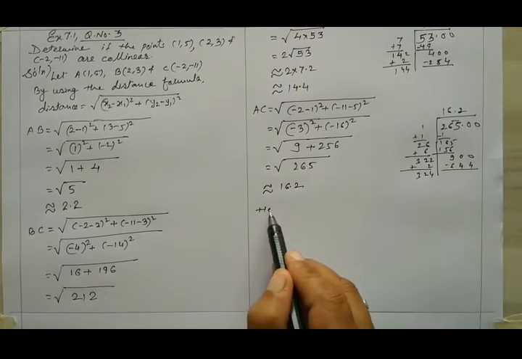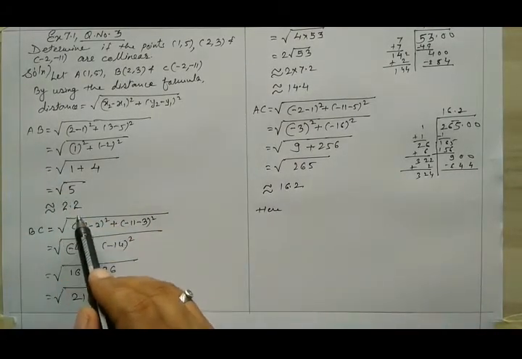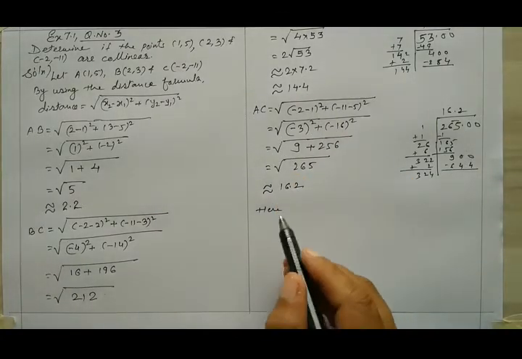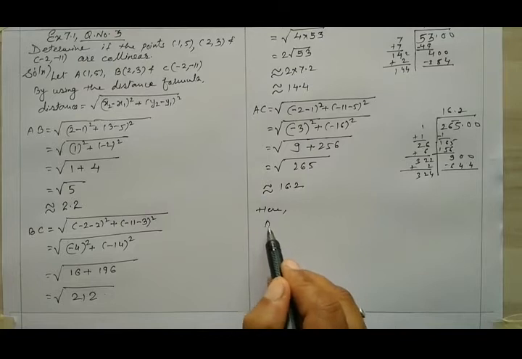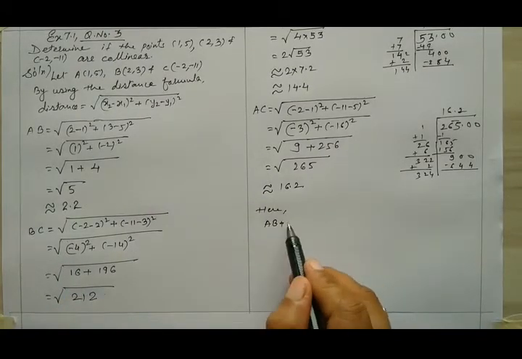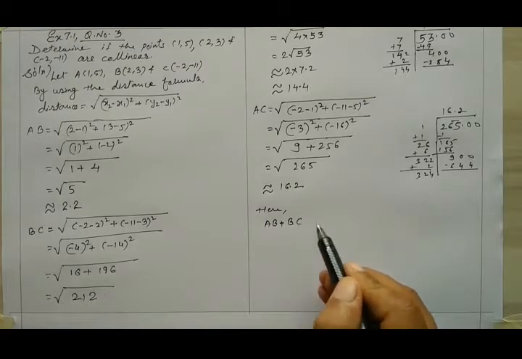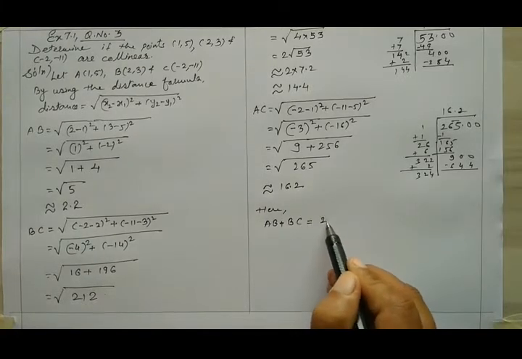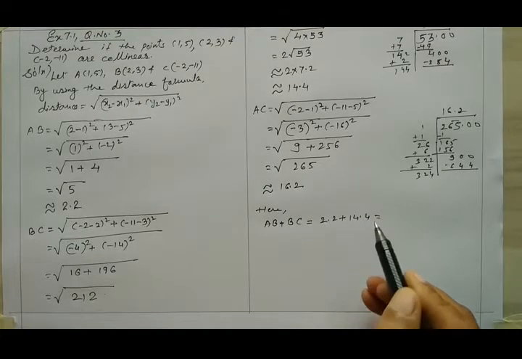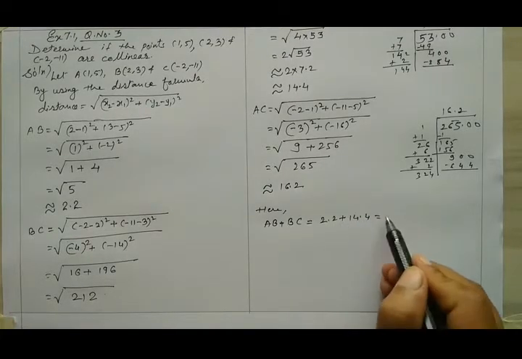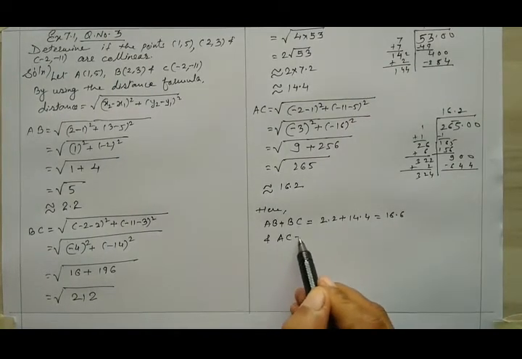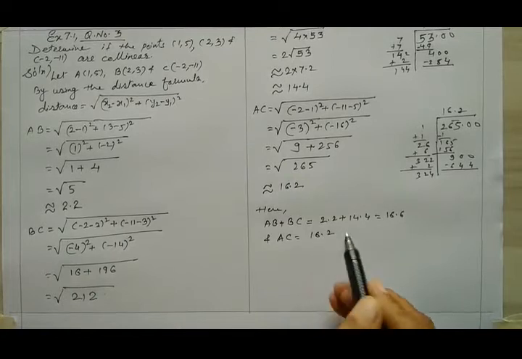Now here you can observe AB is 2.2, BC is 14.4 and AC is 16.2. Here AB plus BC is equal to 2.2 plus 14.4, so it is 16.6, and AC is 16.2.